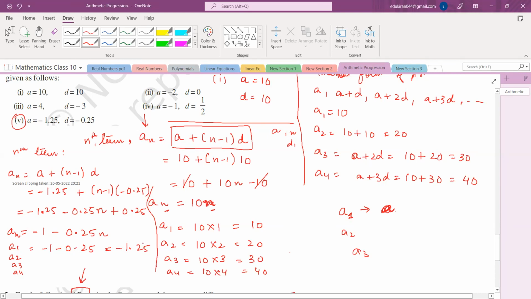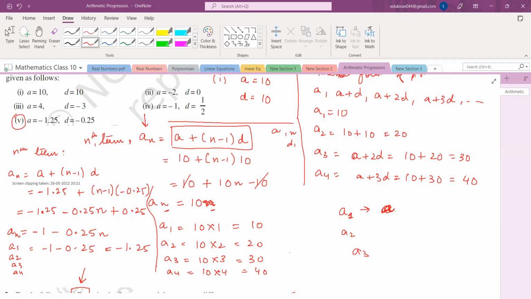Yeah, it was also given. What were you supposed to find? First four terms, right? Yes, ma'am. Yeah, these are the first four terms. First term is already given, so second, third, and fourth you will find out. First four terms or next four terms? What was the question? Read it properly.